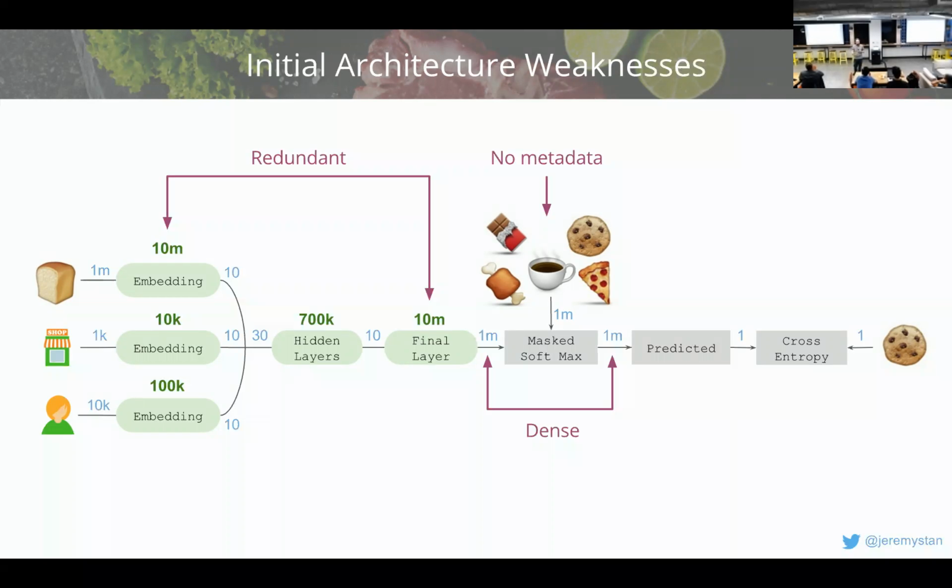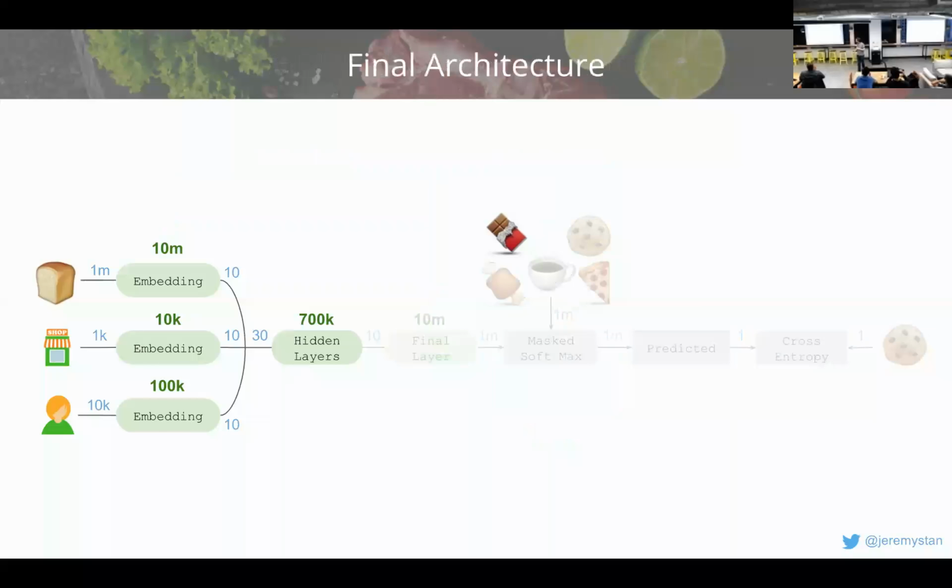How would I take an image of the chocolate and have that affect this? I can't. It's not possible. Because I've projected back out, there's no way to feed additional information in. And so I'm limited with how much additional data I can use to understand the candidates that are being considered. So we're going to fix those problems.